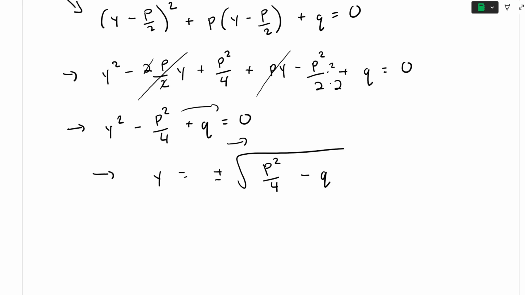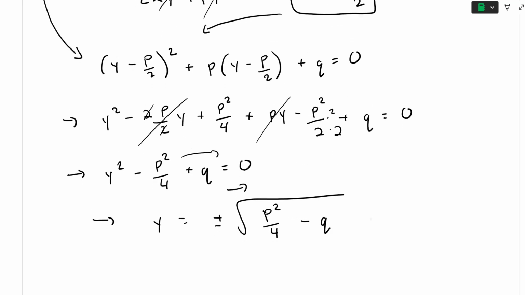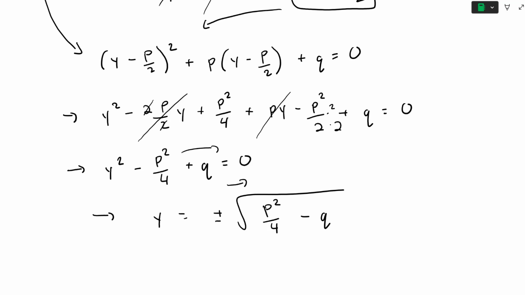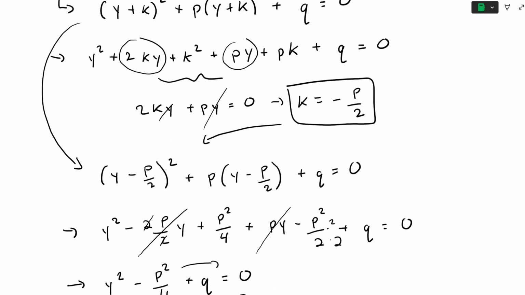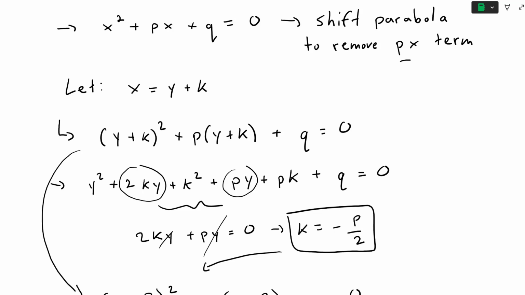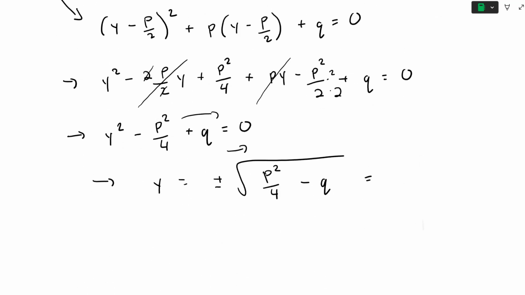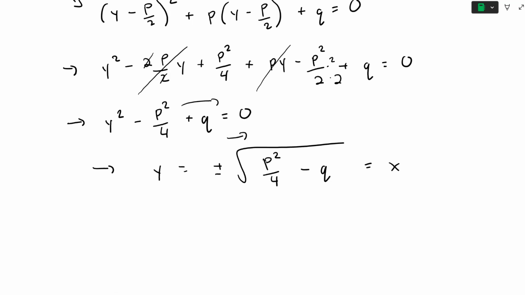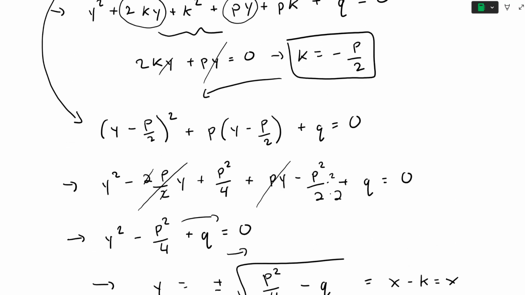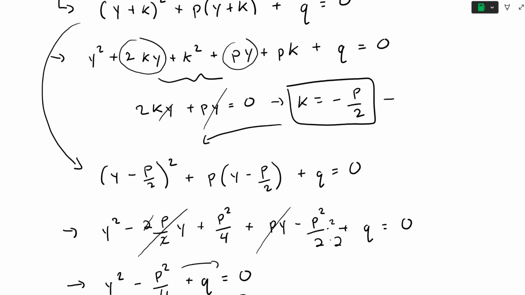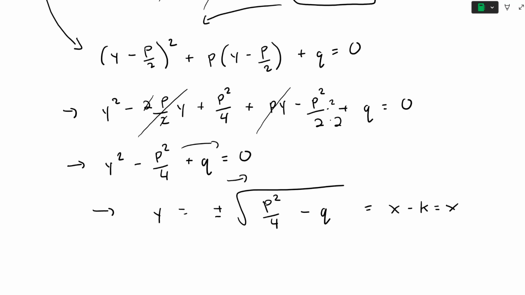And we know that x is equal to y plus k. So y equals x minus k, which equals x, and then minus k is going to be plus p over 2.